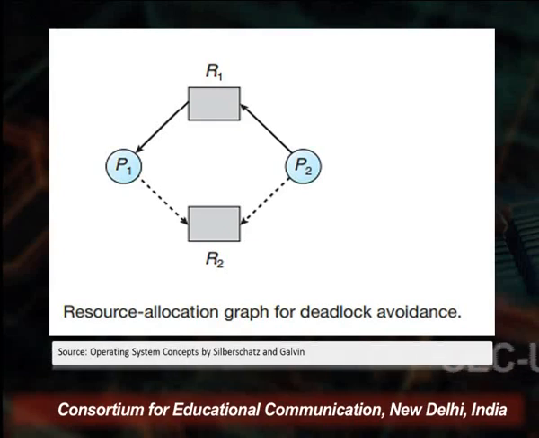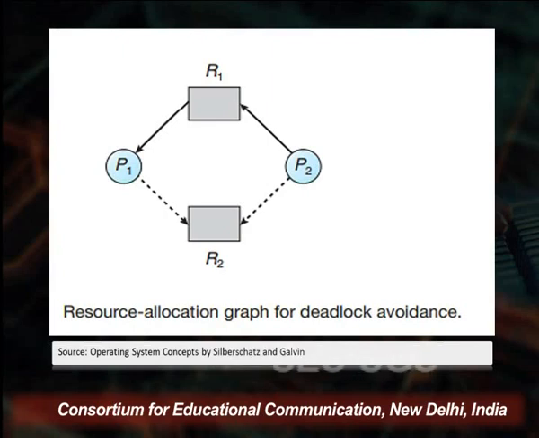Now if you look at the dashed edges here, P2 is also claiming the resource R2. So P2 also needs R2, there is a claim edge, and P1 also needs R2.